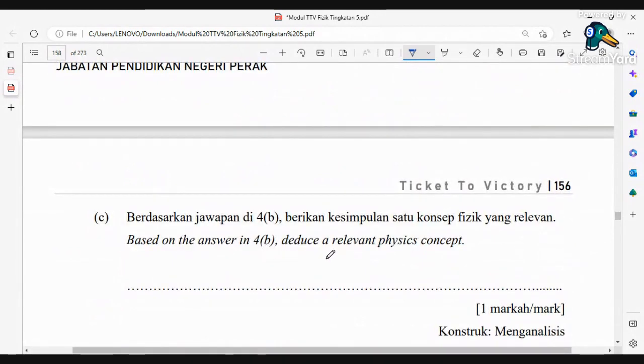Okay, based on your answer, deduce the relevant physics concept. The concept is the connection, forward or reverse.